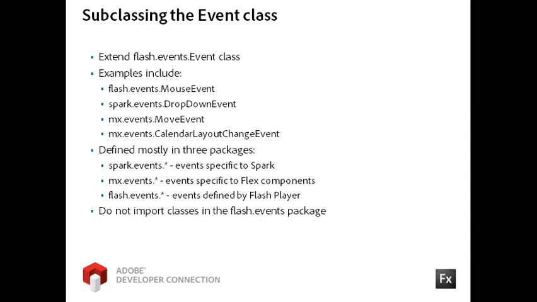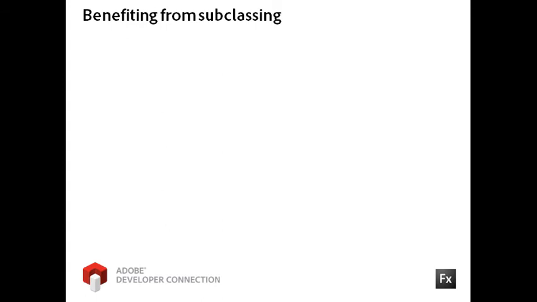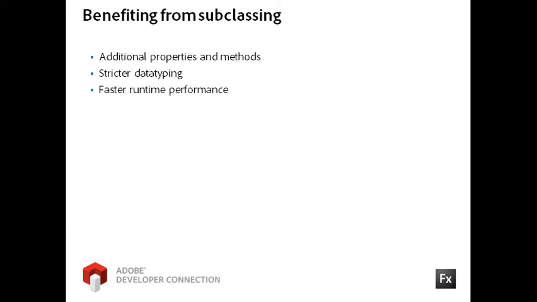Note that you will not need to import any classes that are in the flash.events package. Each event subclass provides additional properties and methods that are unique, and you will sometimes want to use the more specific event type to access them. Additionally, using subclasses results in stricter data typing, faster runtime performance, and compile time type checking.